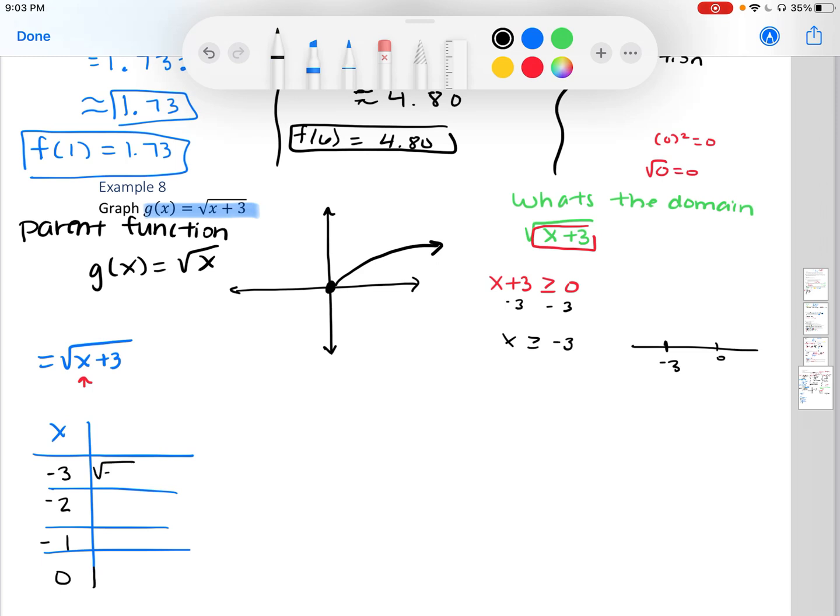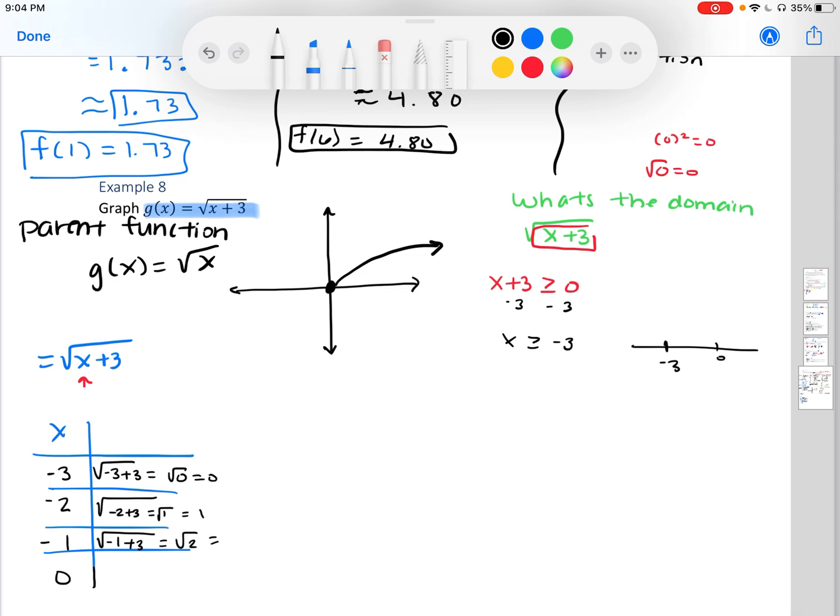So the square root of negative 3 plus 3, we get the square root of 0, which is 0. The square root of negative 2 plus 3 is the square root of 1, which is 1. The square root of negative 1 plus 3 is the square root of 2. It's not a perfect square, but we can use our calculator.